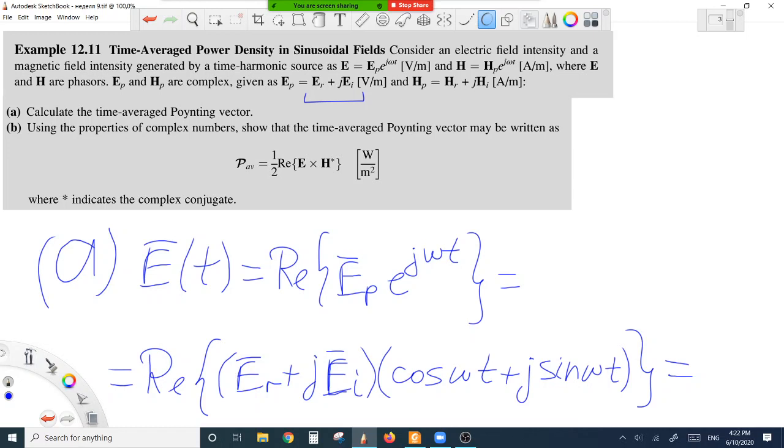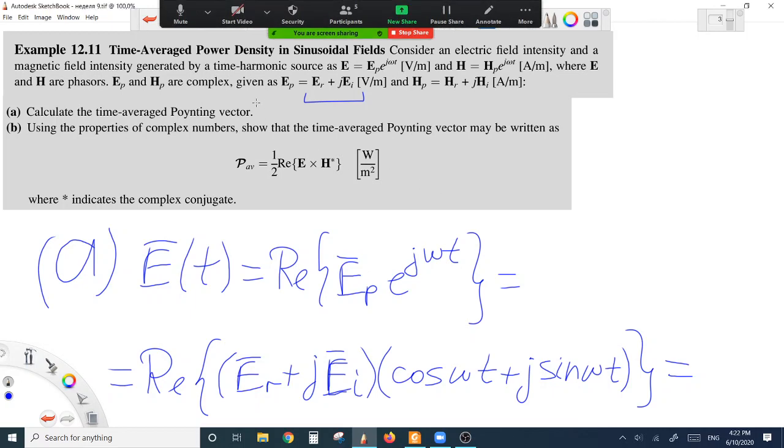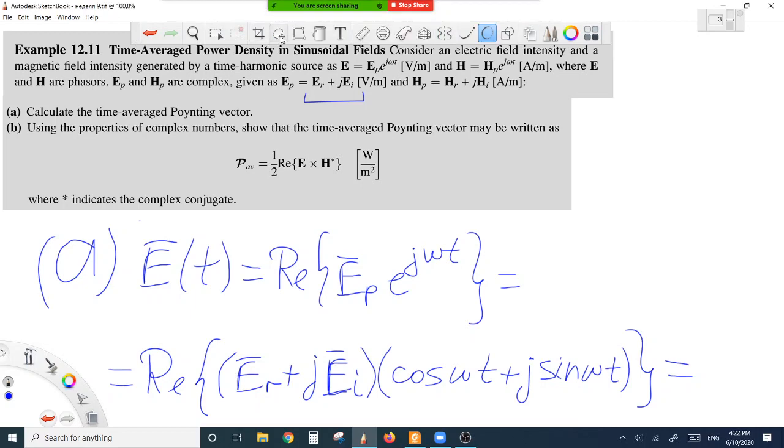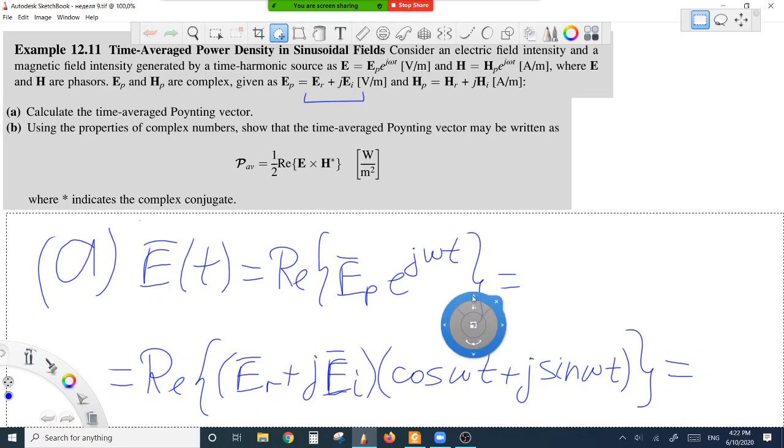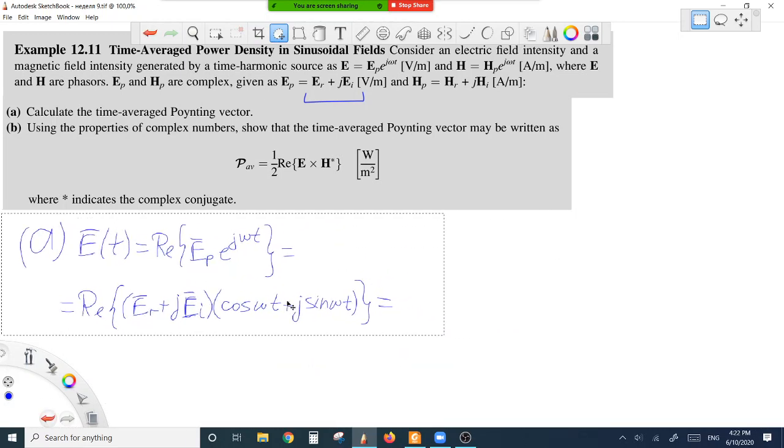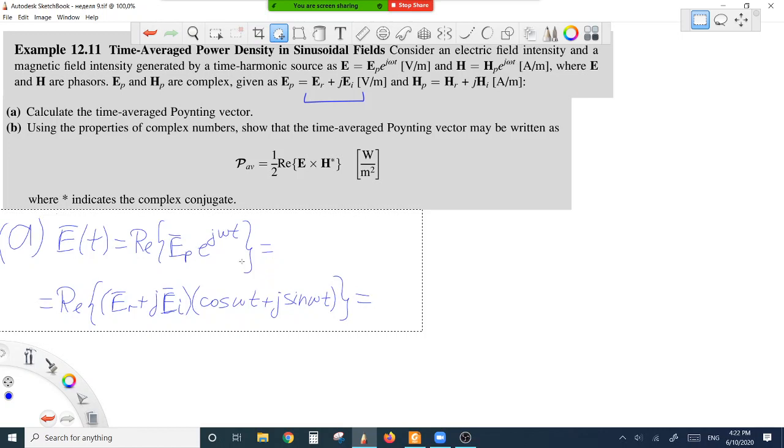The real part of this complex number will be E_R multiplied by cosine omega t minus E_I multiplied by sine omega t.